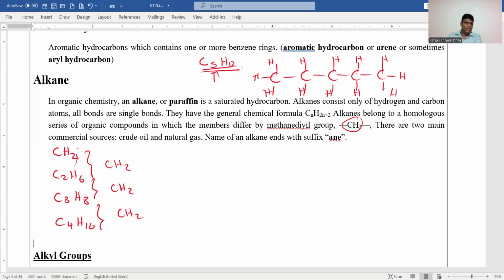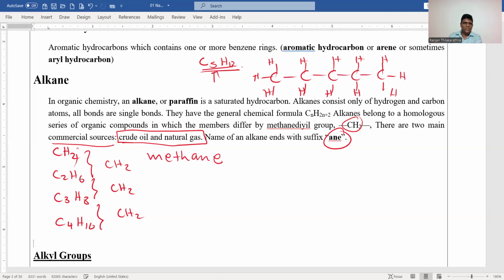There are two main commercial sources of hydrocarbons or the alkanes. Those are crude oil and natural gas. You know what crude oil and natural gases are. Then the name of an alkane ends with the suffix "ane".